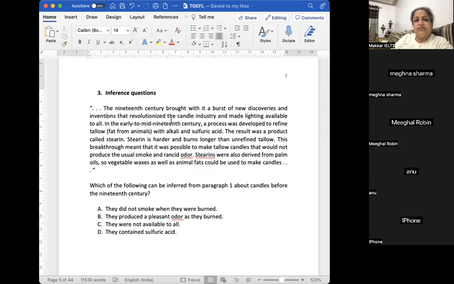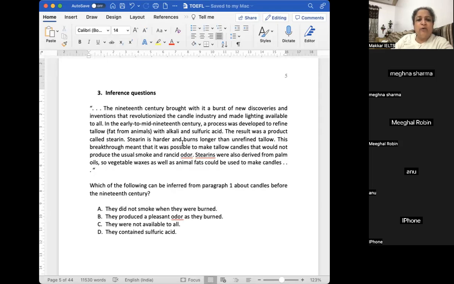The 19th century brought with it a burst of new discoveries and inventions that revolutionized the candle industry and made lighting available to all. In the early to mid 19th century, so we are talking of before the 19th century, a process was developed to refine tallow, that is fat from animals, with alkali and sulfuric acid.